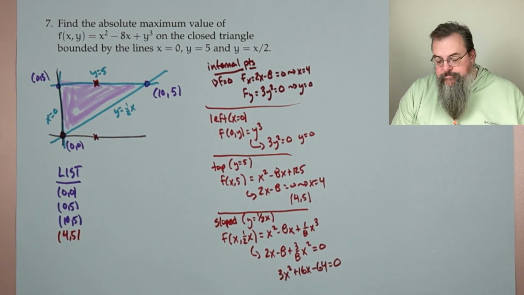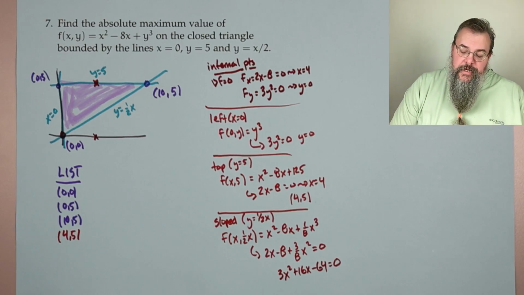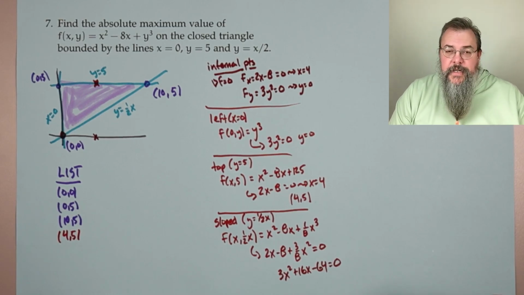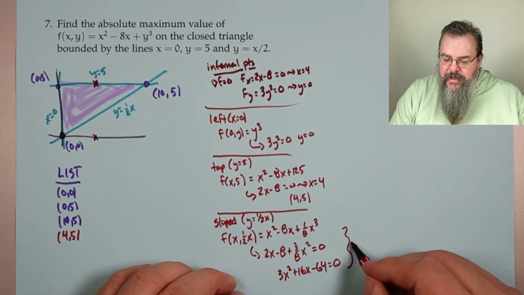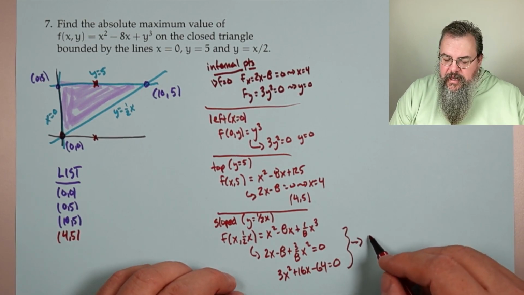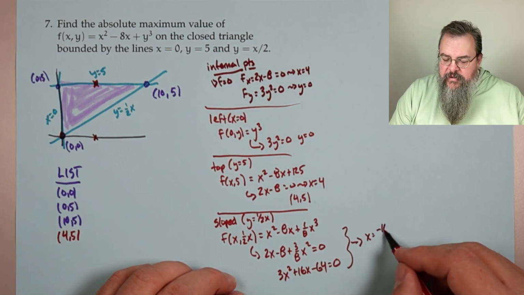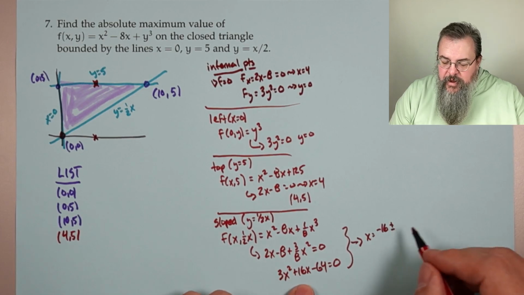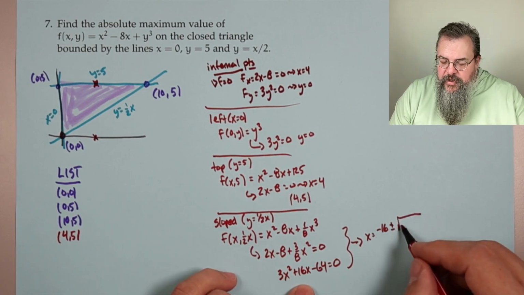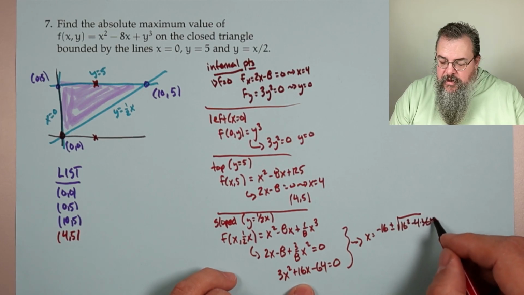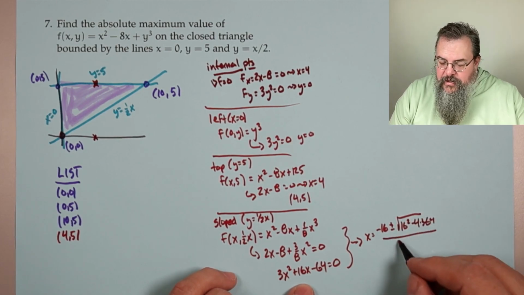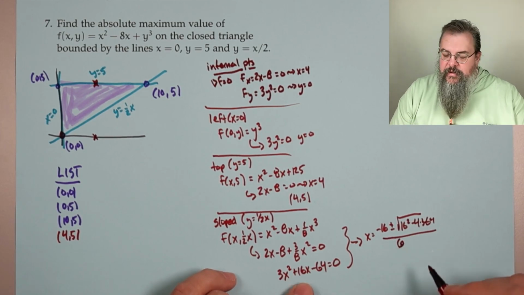And, well, when in doubt, we are going to just figure out where the x coordinate is. And, all right, so that would be x equals negative 16 plus or minus the square root 16 squared minus 4 times 3 times 64 all over 2a, 6.